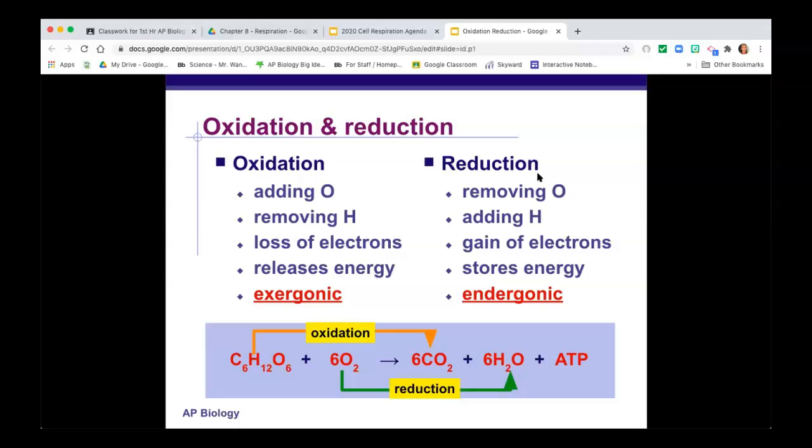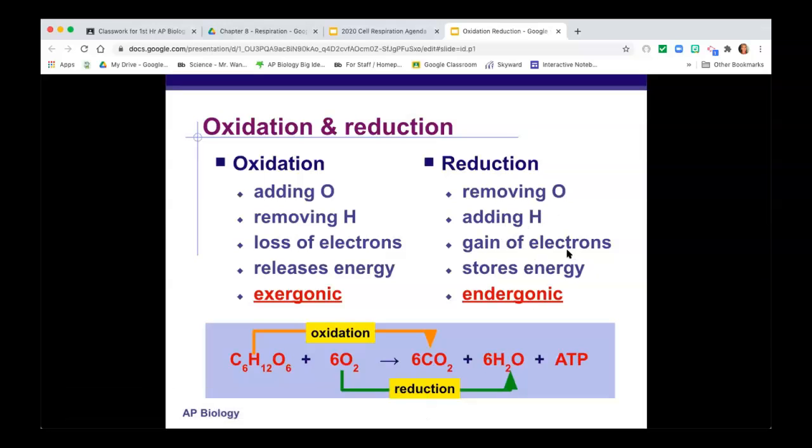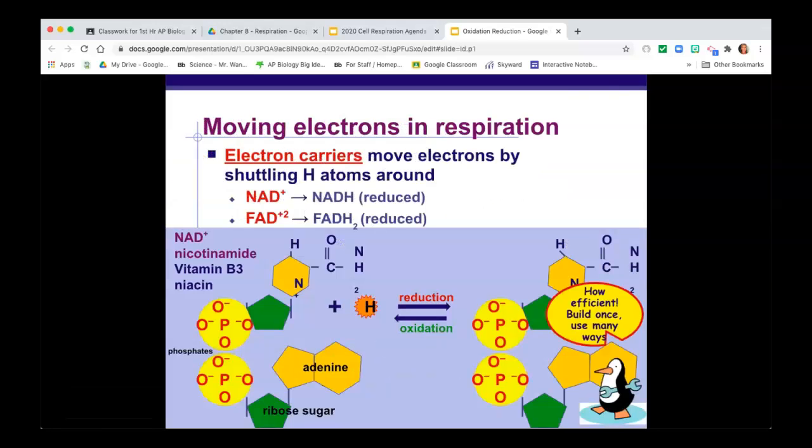Reduction is removing oxygen or adding hydrogen and electrons. I think of this as the charge. If I'm adding electrons, I'm adding a negative charge, so it's being reduced. Again, you're storing energy because you're adding the electrons and the electrons are the bonds. If you're adding energy, you're climbing the energy hill, and that is an endergonic reaction.